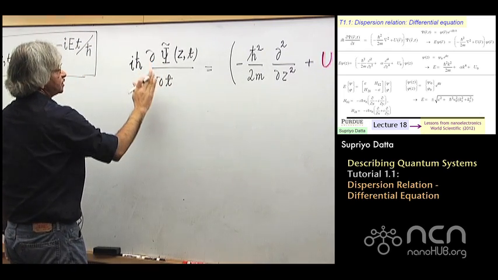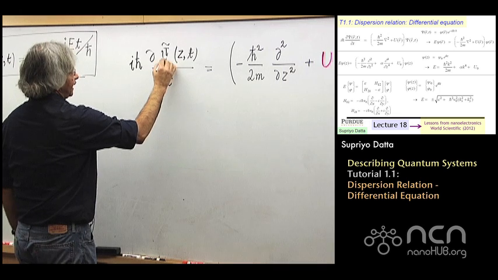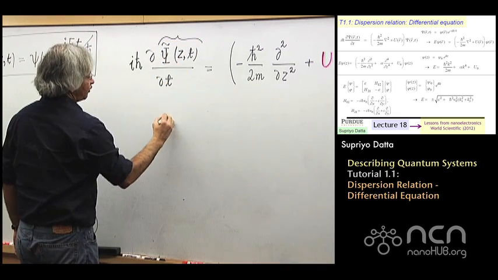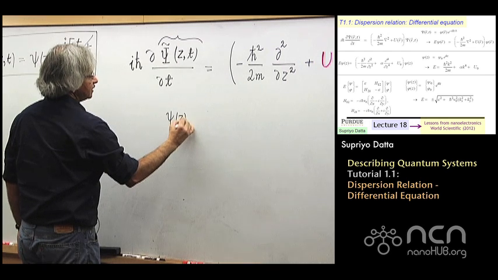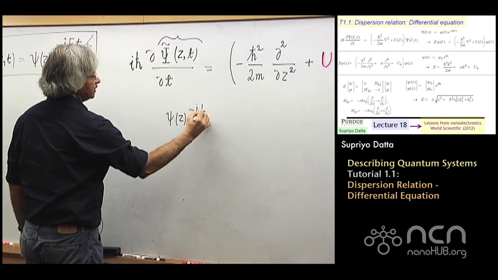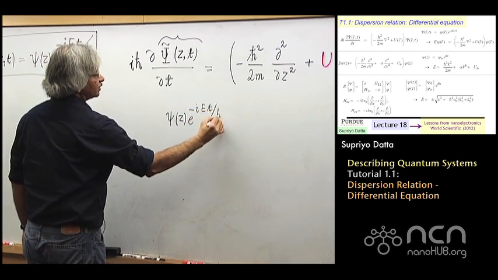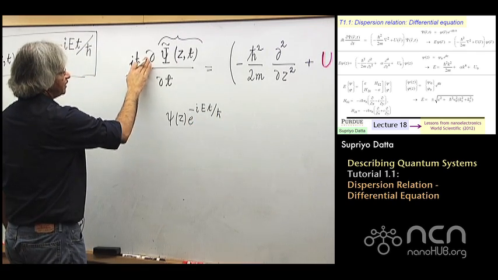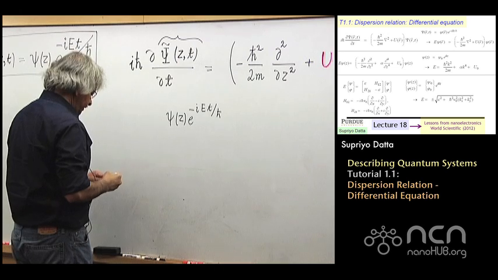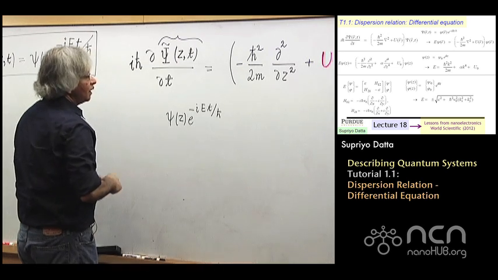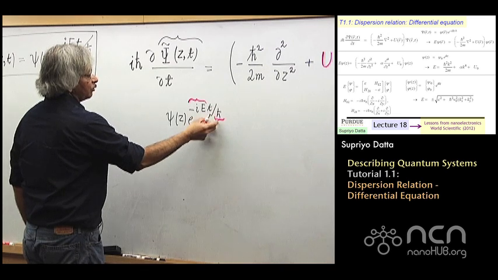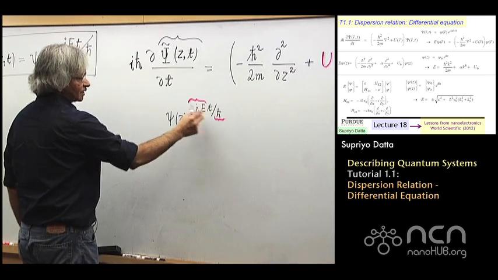Now I have to take the partial with respect to time, and this wave function has the form of psi of z times e to the power minus i E t over h bar. So the time dependence has this exponential form. What that means is when I take the derivative with respect to time, that's equivalent to multiplying by the coefficient that multiplies time in this exponential.